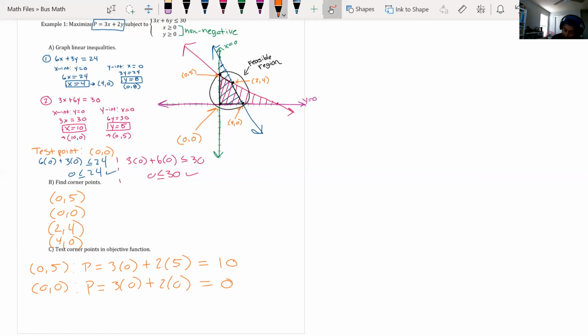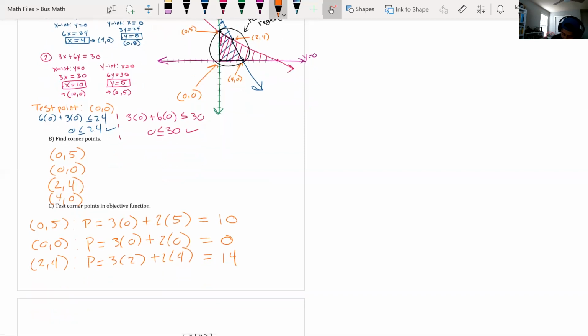And then we try out 2, 4. And P gives me 3 times 2 plus 2 times 4. And that's 6 plus 8. That'll give me 14. And then the last is 4, 0. P equals 3 times 4 plus 2 times 0, and we'll get 12.